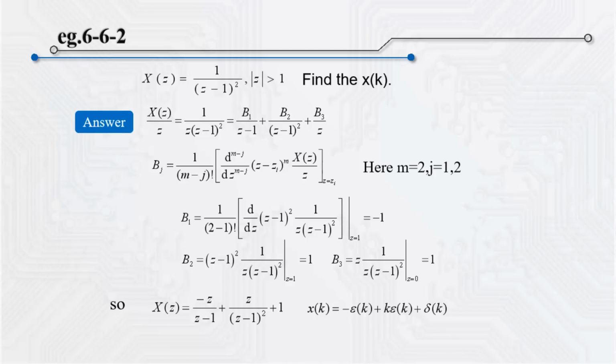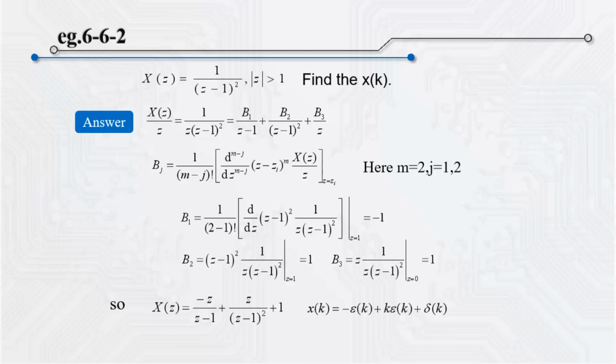B1, according to this corresponding formula, we take it in to find the first order partial derivative and then calculate, giving minus 1. B2 is directly calculated without calculating the partial derivative, giving 1. Then the solution method of B3 is the same as the solution method of the single pole just now. It is also 1. So we organize accordingly.